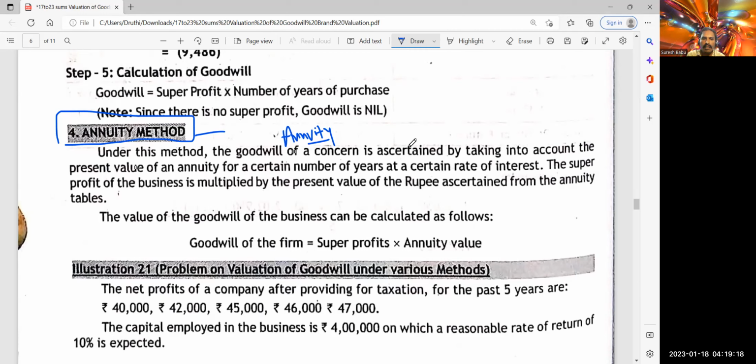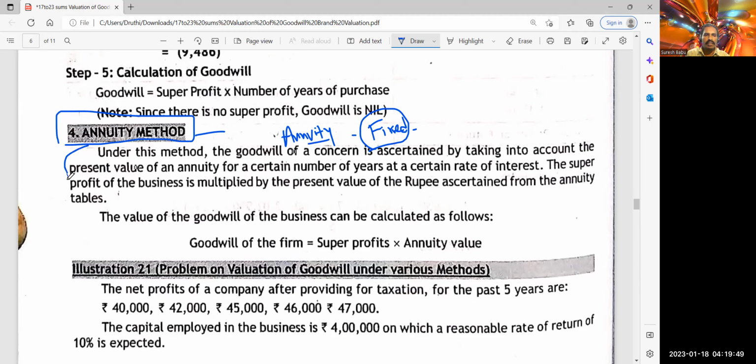See, annuity is a sum which is fixed, right? Usually it is the amount or the premium which would be fixed for a number of years, which would not change usually in the mathematical form.